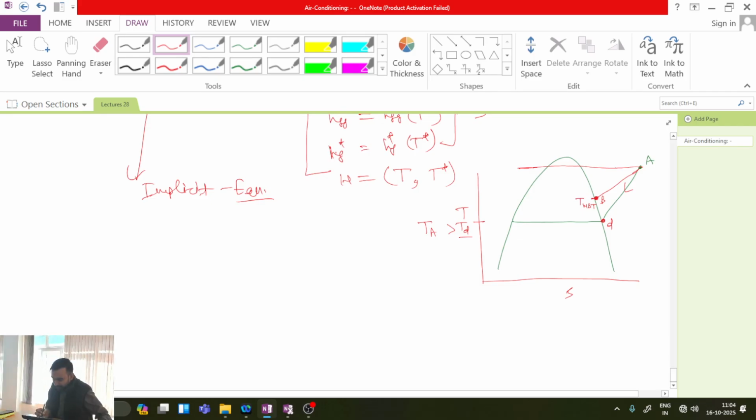So in this case, say I added X amount of water vapor. Of course temperature will remain the same, but I will be coming closer to the saturated state. Say I have come to some point C. If I added slightly more water in the vapor state, then I will come to this point. Likewise, I can come to the saturated state like this also. This process, say from A to E, is called the pure humidification process.